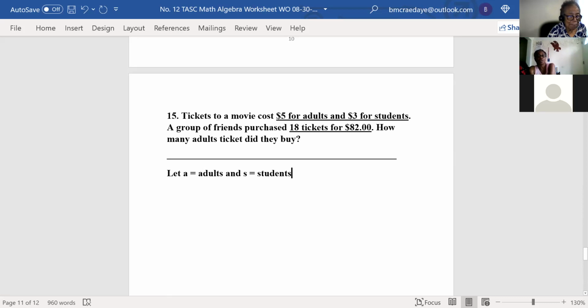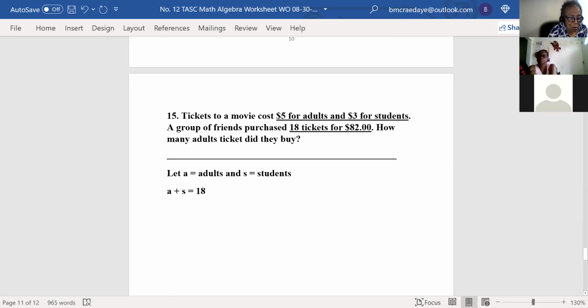They purchased adult and student tickets. So we can say A plus S equals 18. That's right. Because we know they only sold two types of tickets, adults and students. So the number of adult tickets plus the number of student tickets is equal to 18.